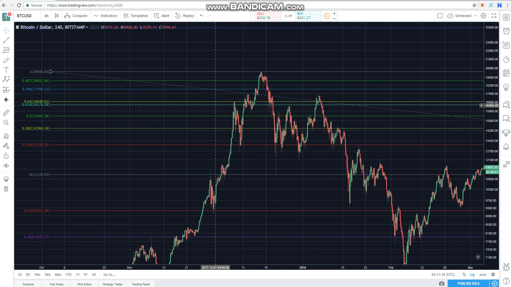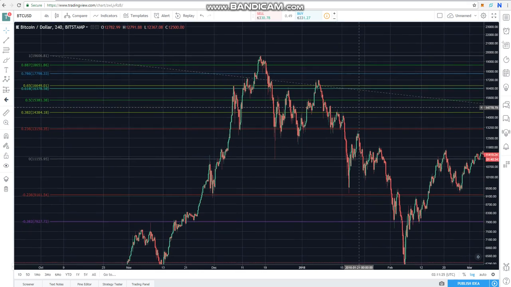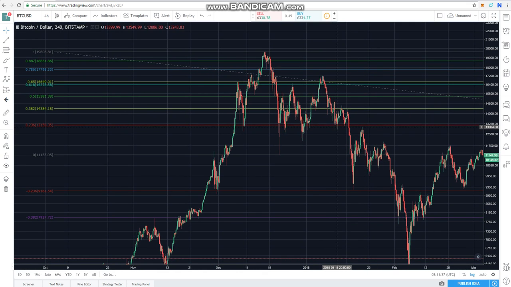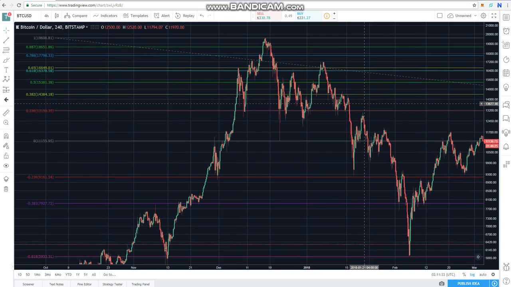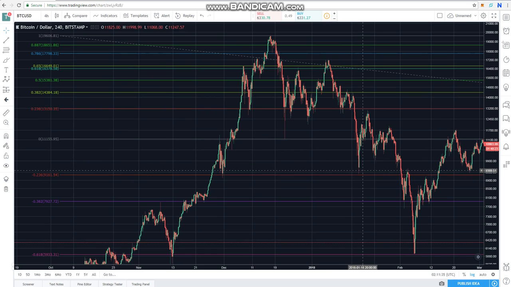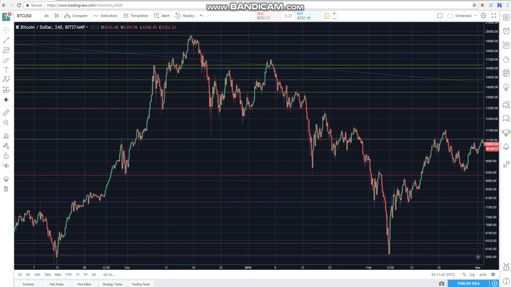But a lot of traders trade on the 0.618 Fibonacci level, and then it retraced down to the 0.236 and then traded between this level and the 0.382 level before moving down right on the negative 0.236, basically right on the tick.